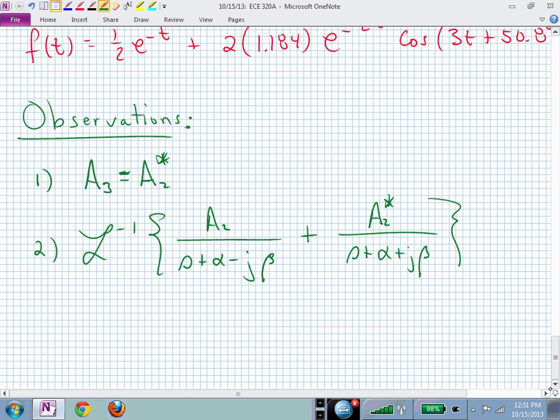But now if you have your partial fraction expansion in that structure, and you've calculated a sub 2, you can immediately write down that that's, in the time domain, 2 times the magnitude of a sub 2, e to the minus alpha t. That alpha gives you the decay. Cosine, you're shaking at what frequency?